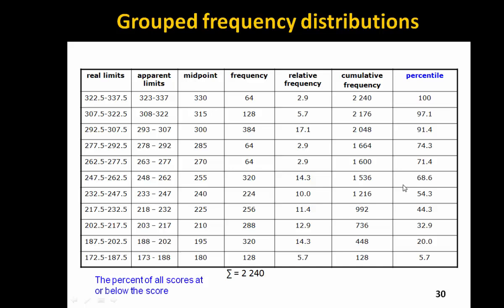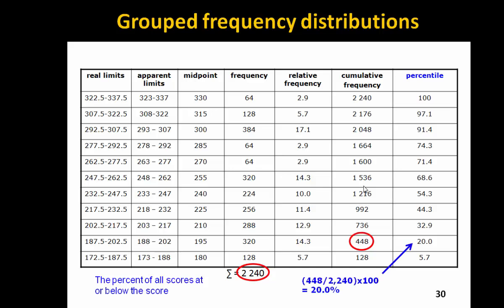So for example, if we go to the real limits of 247.5 to 262.5 pound interval, it sits at the 68.6 percentile, suggesting that 68.6% of all player weights exist at or below this interval.